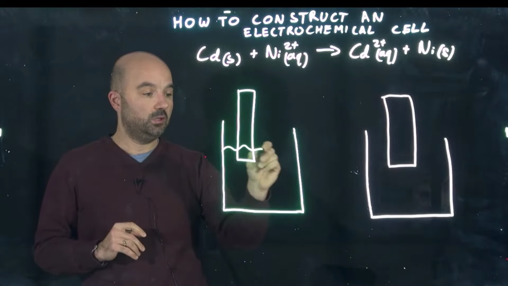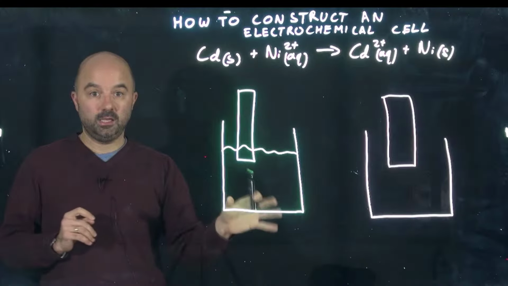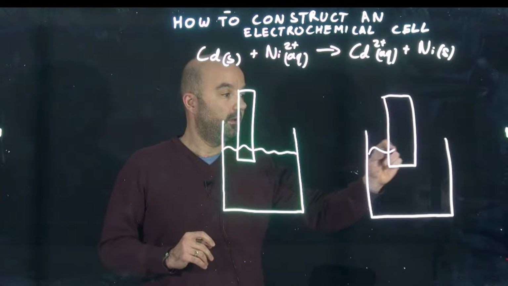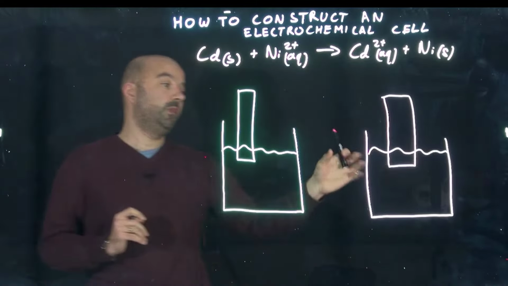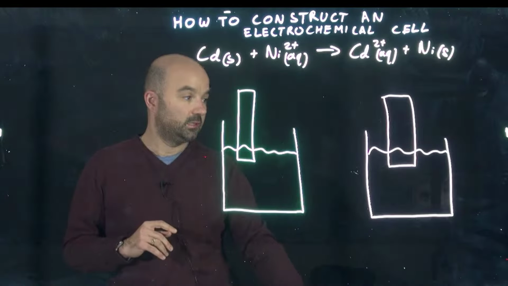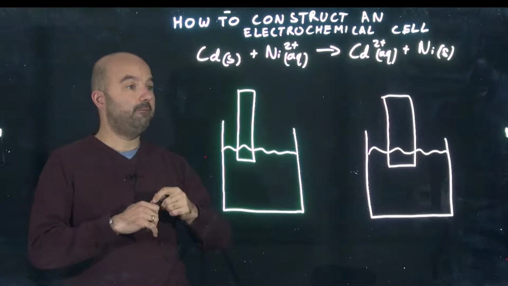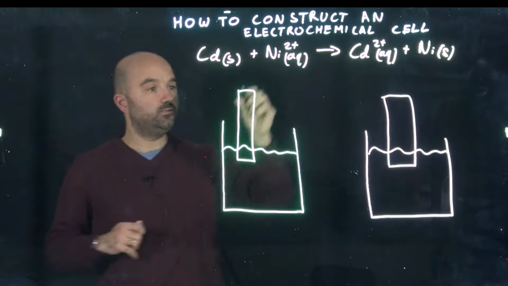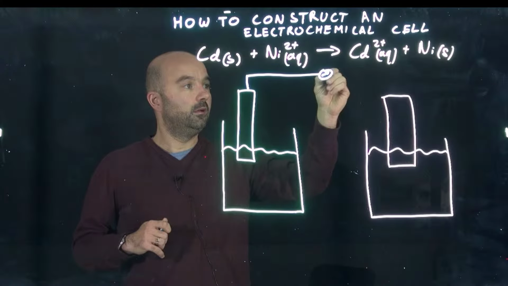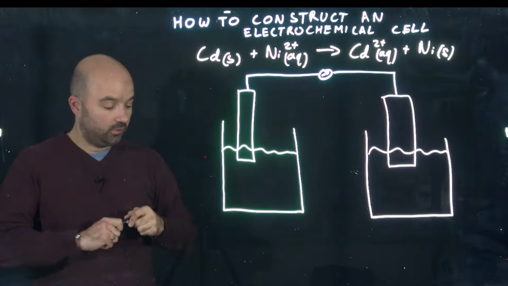So we're going to have a solution of our one particular ionic species, and then on the other side we're going to have a solution that contains the other ionic species that is needed for this reaction. The other thing we need to have is a connection between these two electrodes, so we're going to have some wire in there that connects the two electrodes together.